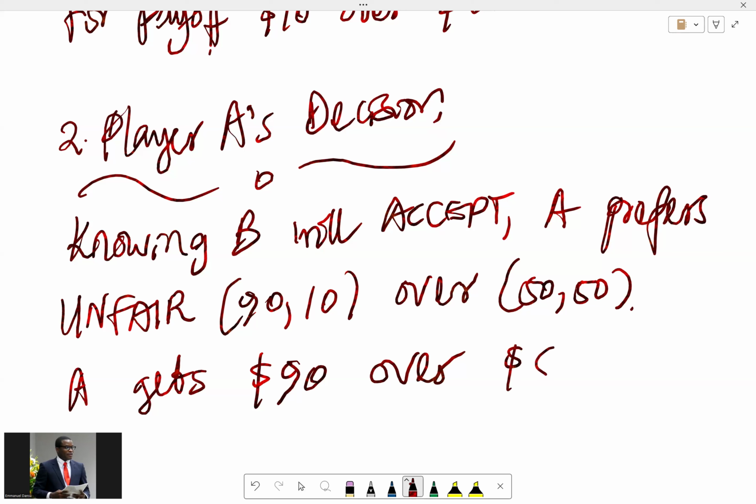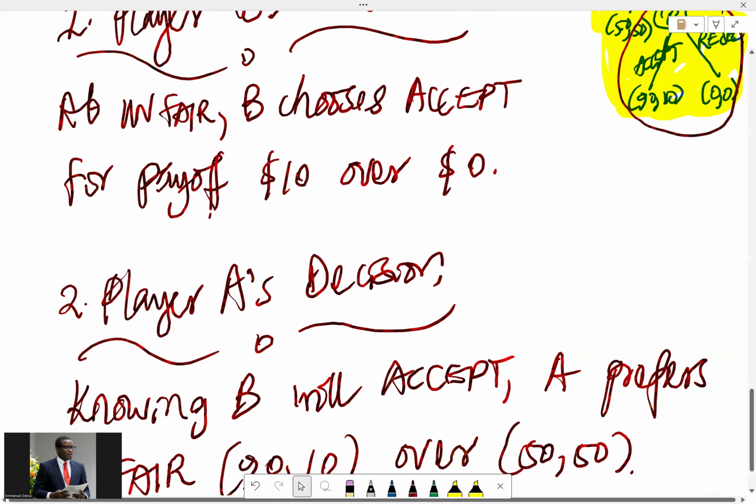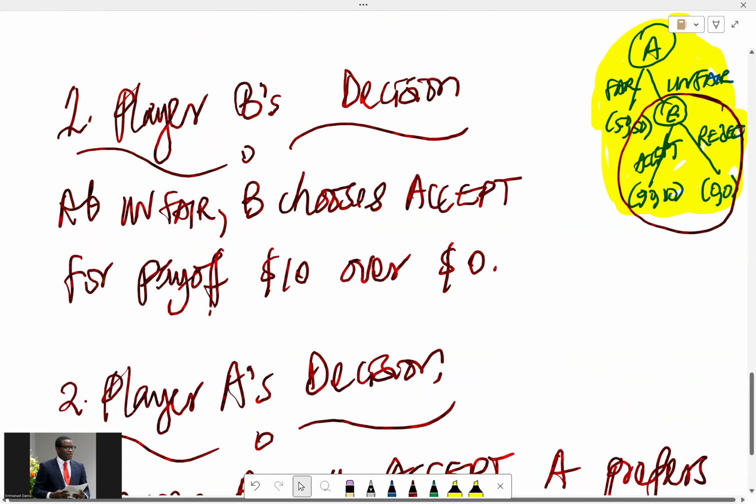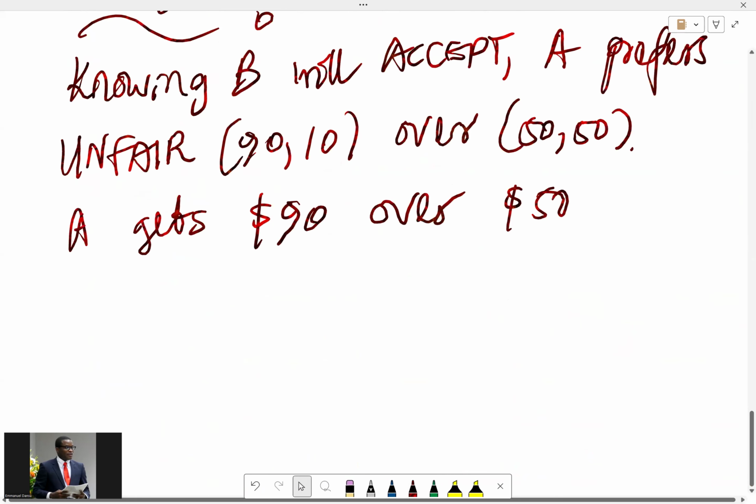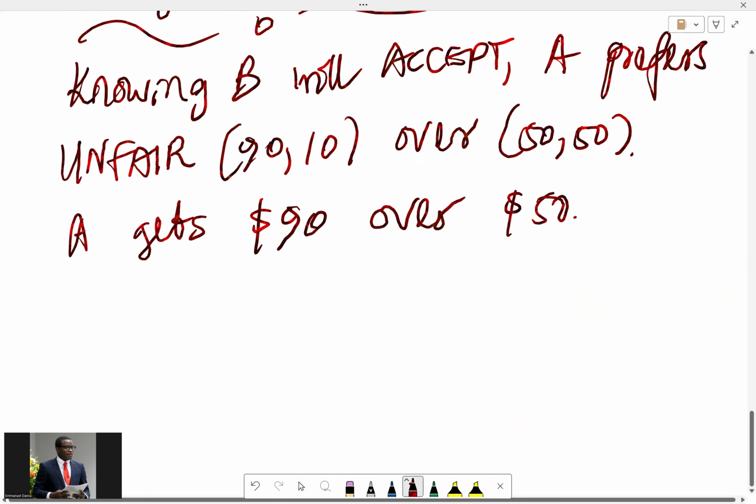B chooses accept, right? So A would rather go for 90 over 50.